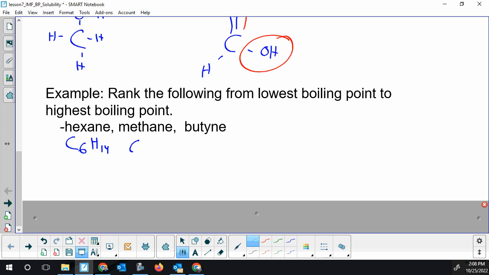Meth is 1, and we don't write 1s. C1, H 2n plus 2, so there'll be 4 H's. And last, butane: but is 4, but that's a triple bond, so it's 2n minus 2. So 8 minus 2 is 6.